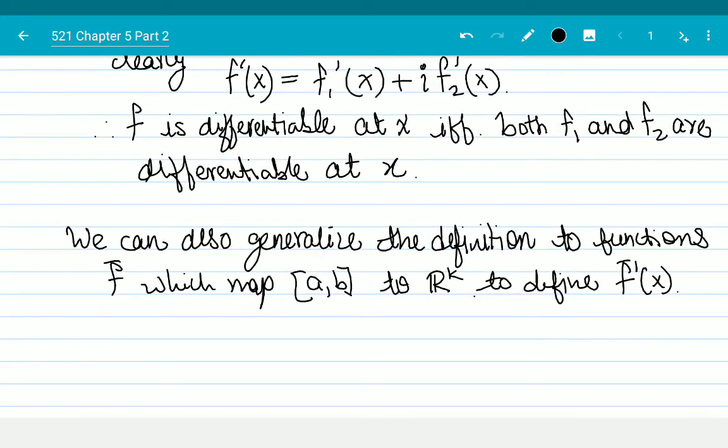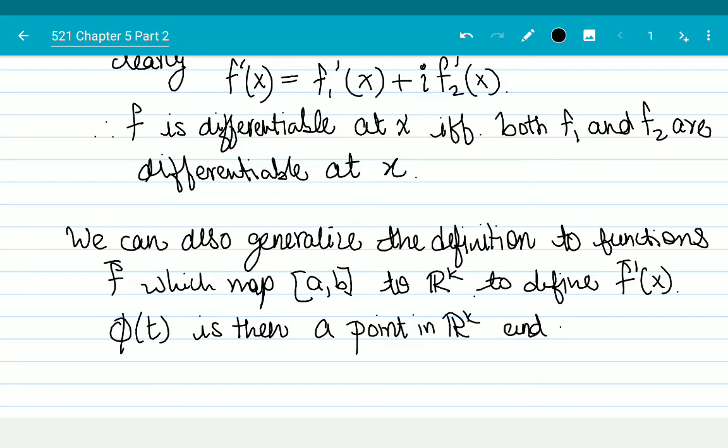You have to be slightly careful. The distance now will have to be in terms of the norm, and phi of t is defined for a point in R^k, and the distance is taken with respect to the norm.